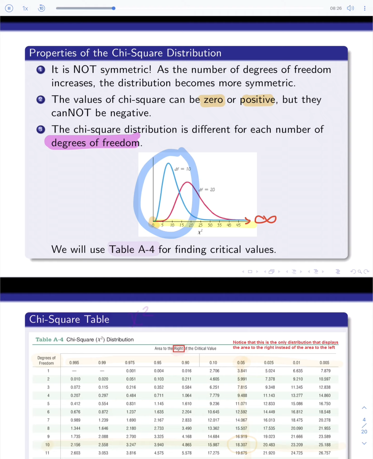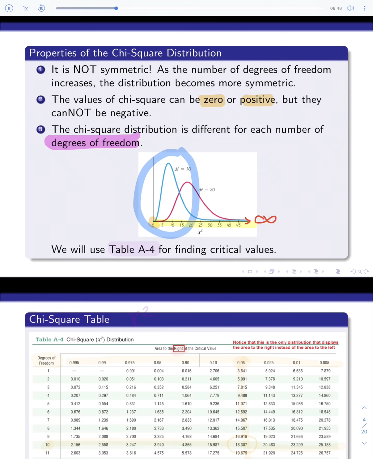How are we going to find our chi-squared values? Well, we're going to want to find critical values just like we did before for our z's and our t's. When we had z's, we used our inverse norm, or you used your standard normal table.